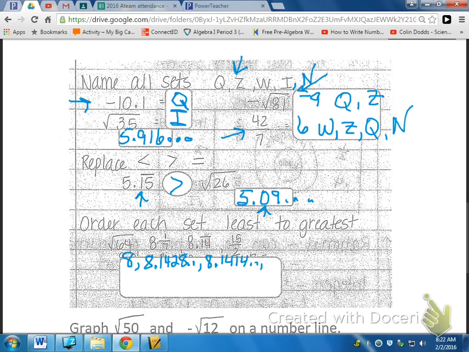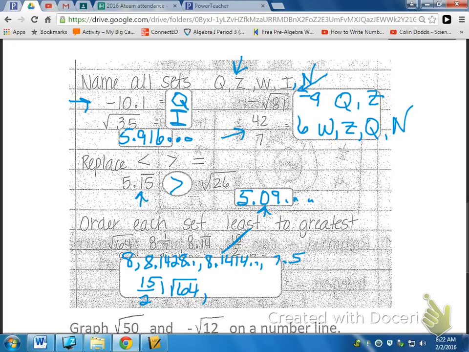What about 15 halves? If I divided that out, anybody know what that would be? Tori? 7.5. Okay, so let's look at those numbers. We want least to greatest, so definitely which one's first? 7.5, but we're going to write 15 halves. Okay, so I'm going to mark that one out. Now look at the 3 that remain. What's the smallest out of those? Shane? 1/7. The what? The square root of 64 is next because that's just plain old 8.